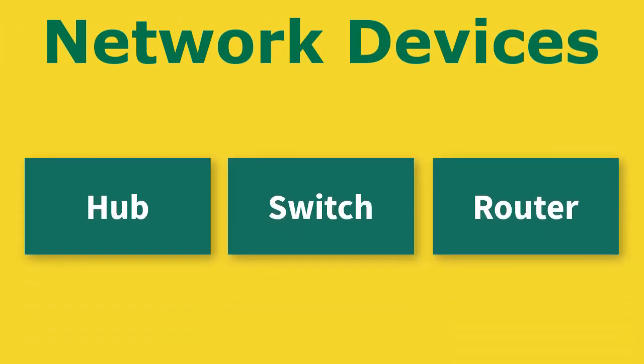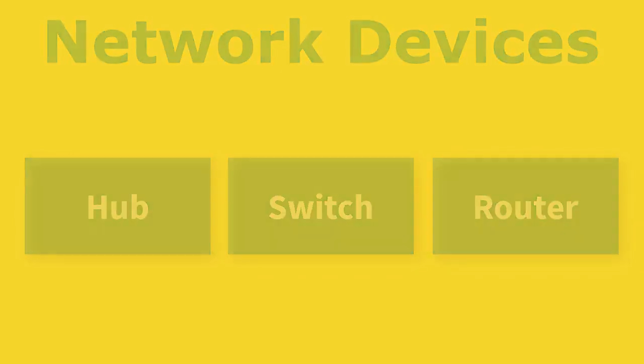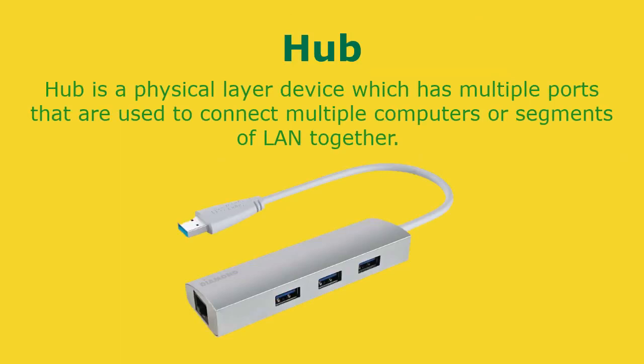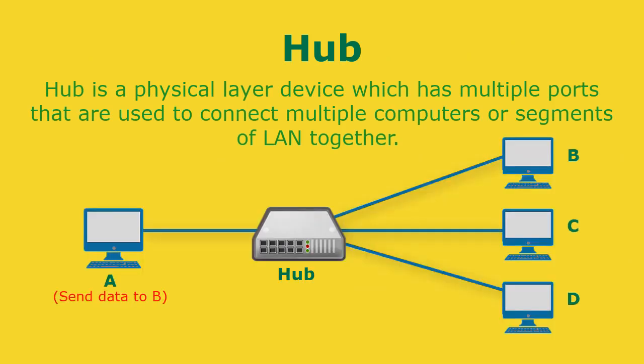Now you need either a hub, switch, or router to connect to other computers. A hub is a physical layer device which has multiple ports that are used to connect multiple computers or segments of a LAN together. The data is transferred in packets to the entire computer network.